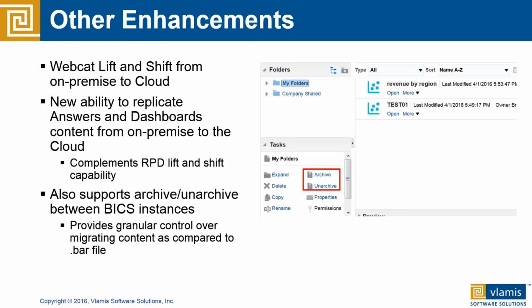Other enhancements are the ability to have a lift and shift of your web caps from on-premise to cloud. Some of our customers had created various analyses and dashboards and such, and they wanted to then put those up in BICS.